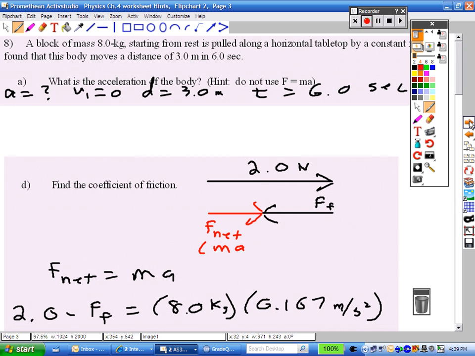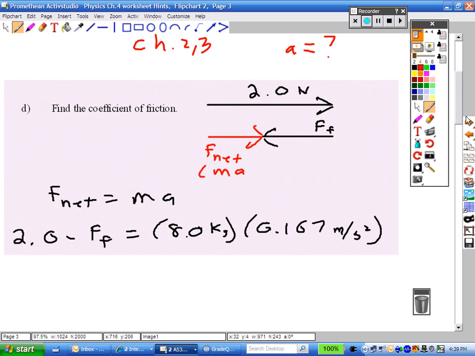Number 8, the first part is not intended to be very difficult. You simply use chapter 2 and 3 formulas to find the acceleration in this part. That's not so bad. But if you jump to number 8D, the coefficient of friction, for that I need to draw the force vectors. There is a forward force that I typed in of 2.0 newtons.